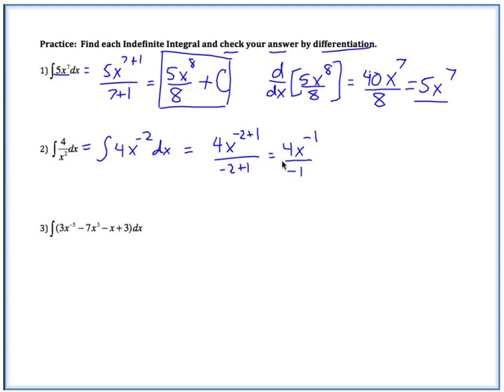All right, and if we were to rewrite this now, we would bring the x to the negative 1 back underneath, and we still have a negative 1. So we get negative 4 over x to the first. And what do we always have with an antiderivative? That plus c.